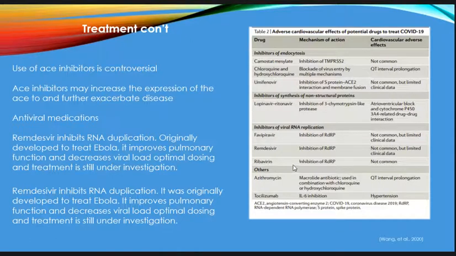So you can see there's a lot of medications here. Erythromycin causes QT interval prolongation, and the other one here causes hypertension. So a lot of the medicines that can actually inhibit the RNA also cause cardiovascular issues.